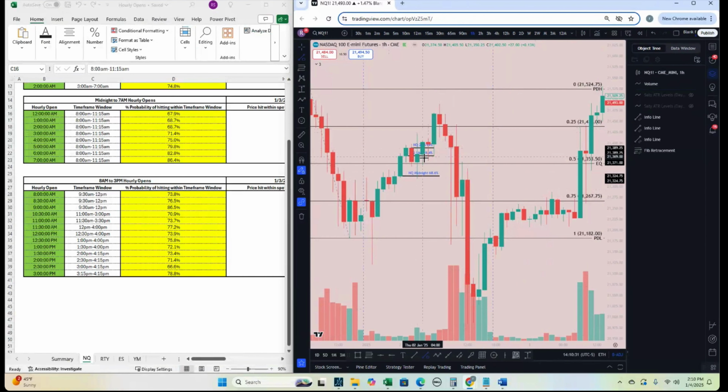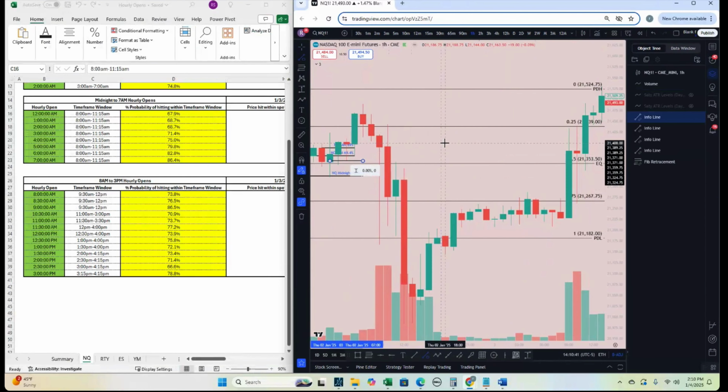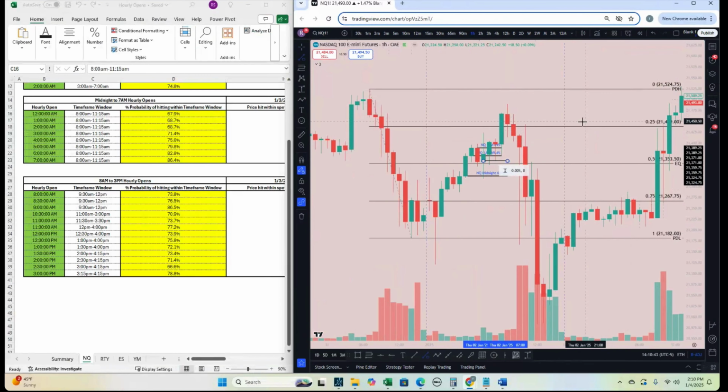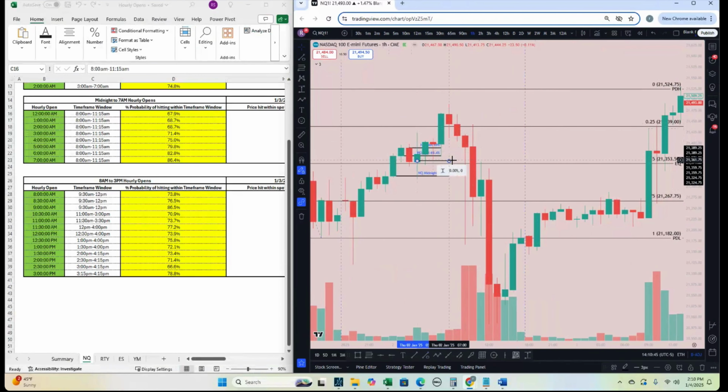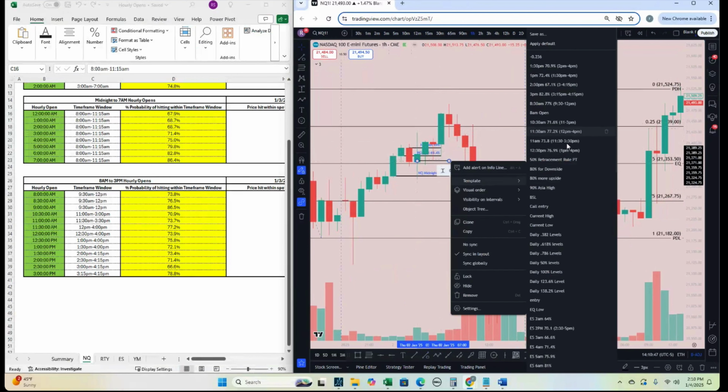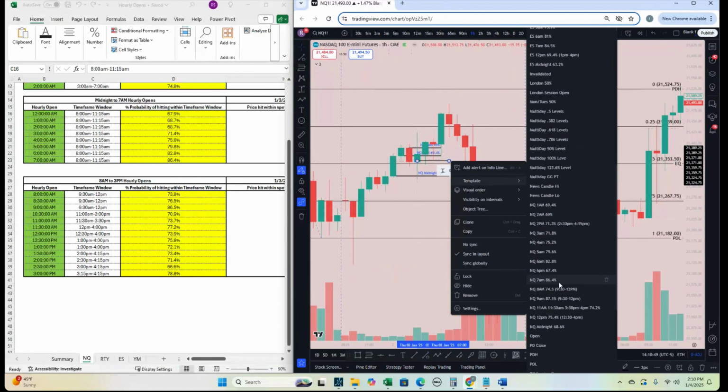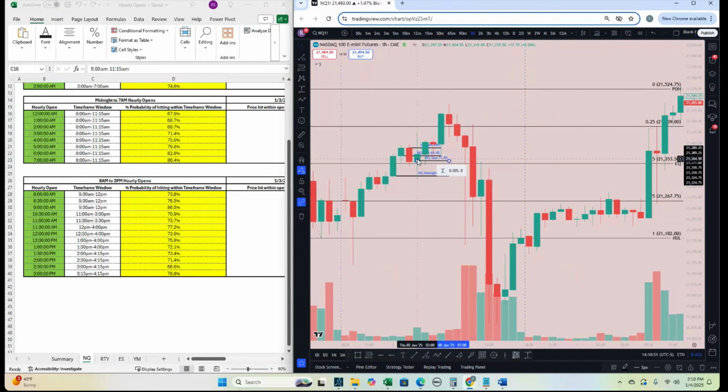So 2 a.m., you got your 3, and I'm marking the hourly opens. Remember candle anatomy, your opens are going to be at the bottom if it's a green candle, at the top if it's a red candle. Right? So this is your 3, 3, 4.